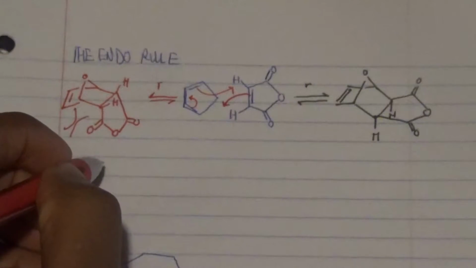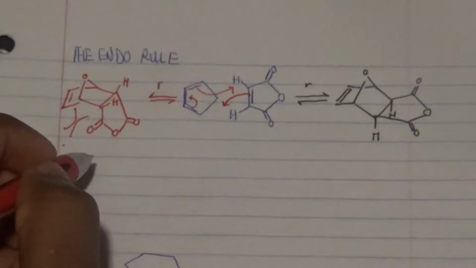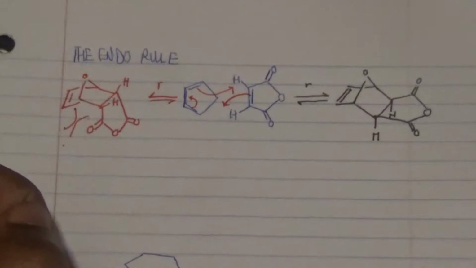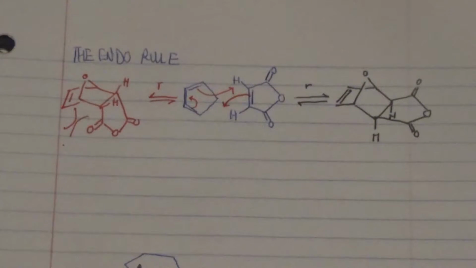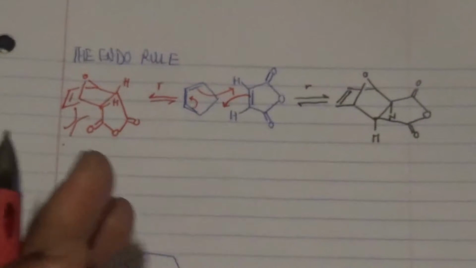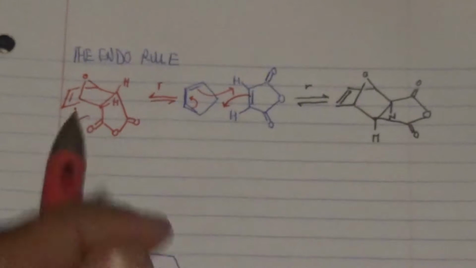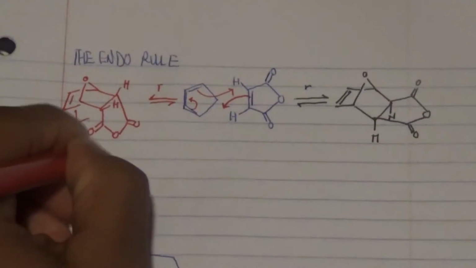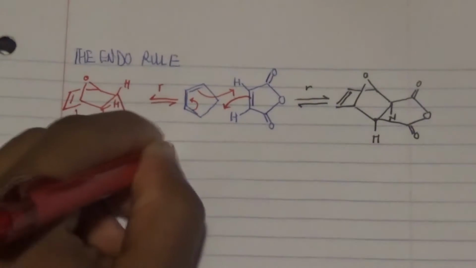One of the things that interests us is, why are endo products highly favored in a Diels-Alder reaction rather than the exo product, which is supposed to be favored in this case? It's because despite the fact that the endo product is less stable than the exo product, the endo product is favored in an irreversible Diels-Alder reaction.